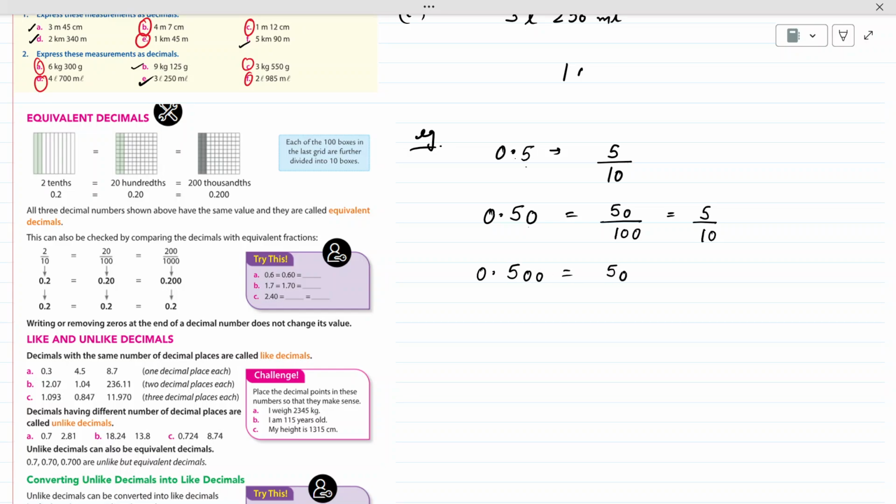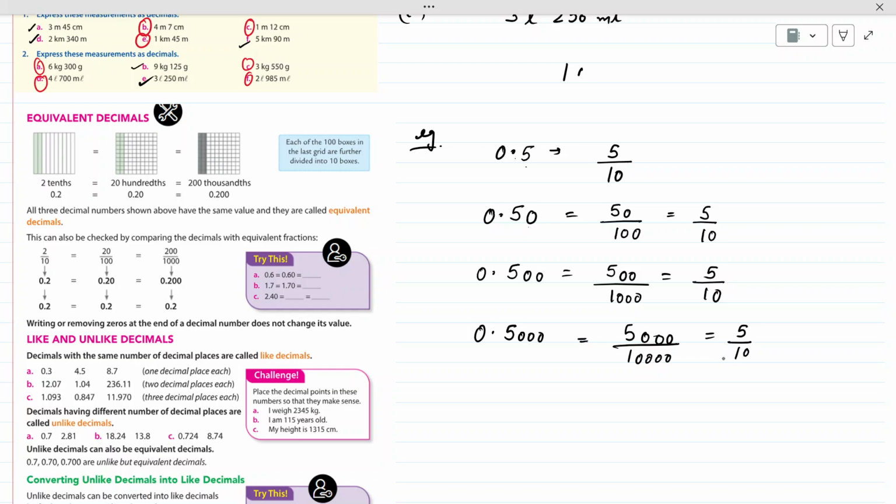Also, I can add two zeros here. When I add two zeros and change it into a fraction, this will again be 5 by 10 upon solving. Also, if I go further and add three zeros to it, this will become 500 divided by 1, 2, 3, 4 zeros in the denominator. When I solve this, it will again become 5 by 10.